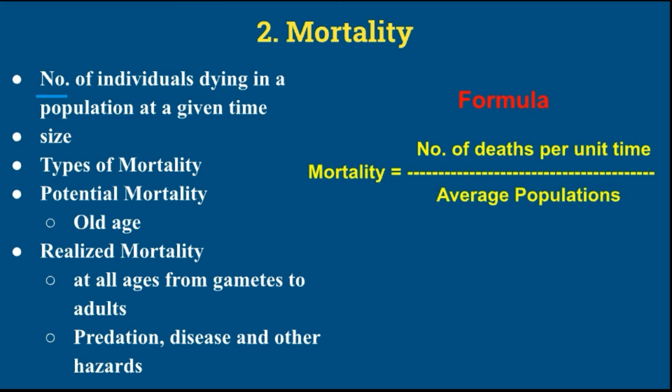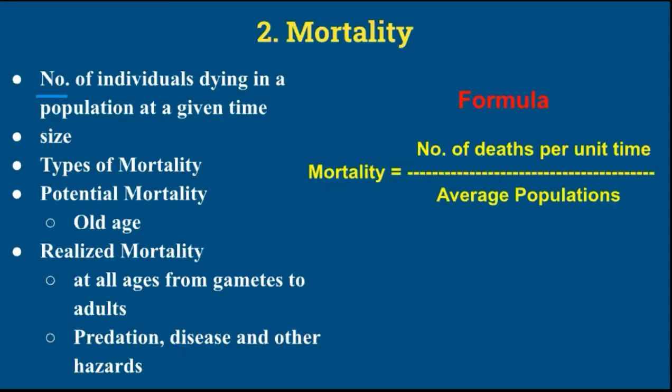That's why realized mortality is higher than potential mortality. The mortality formula is: number of deaths per unit time divided by the average population.